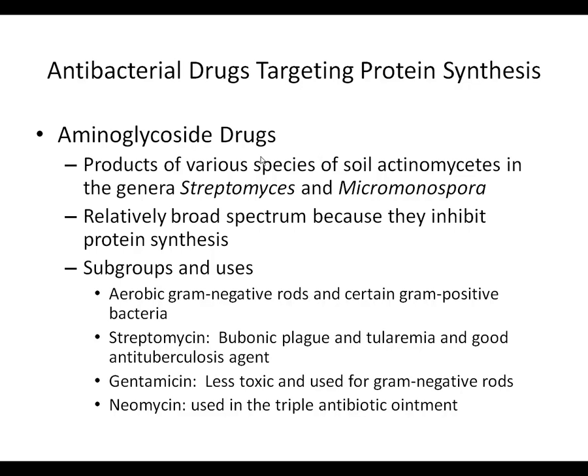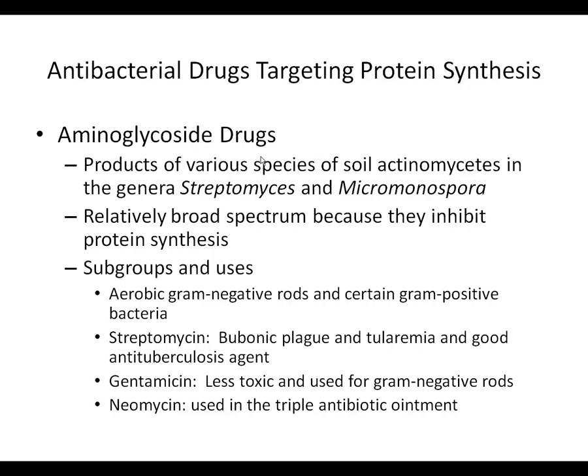The first drugs are the aminoglycosides. These basically are made from a species of cells that are found in the soil called actinomycetes. And the genera that are most active in the production of these aminoglycosides are the genus Streptomyces and Micromonospora.